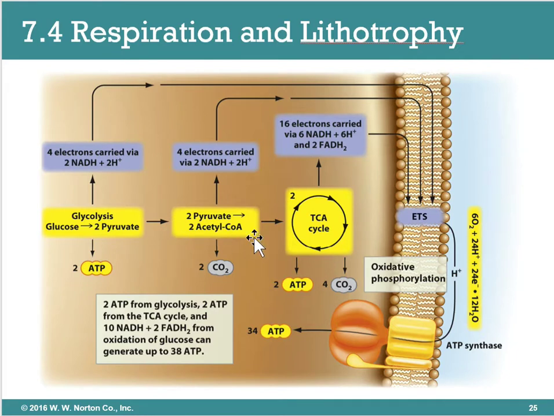And from this process, we produce carbon dioxide as well as additional NADHs. These acetyl-CoAs then enter the TCA cycle, and we produce ATP and carbon dioxide again, as well as NADHs and some FADH2s.